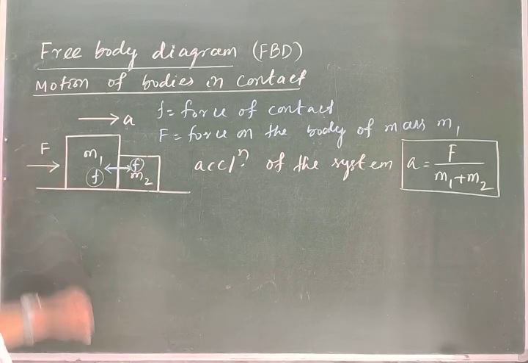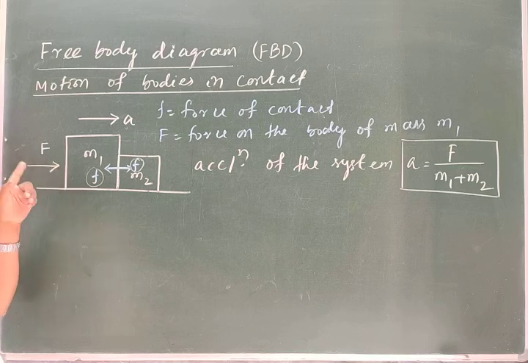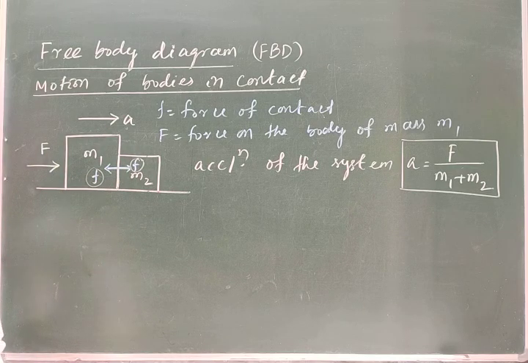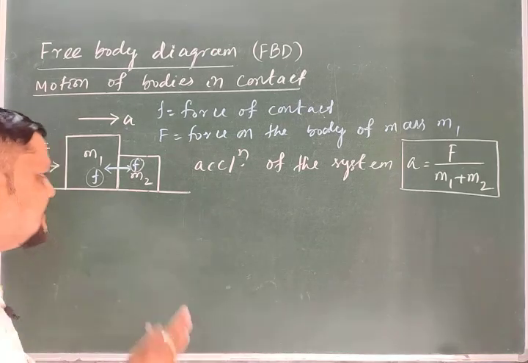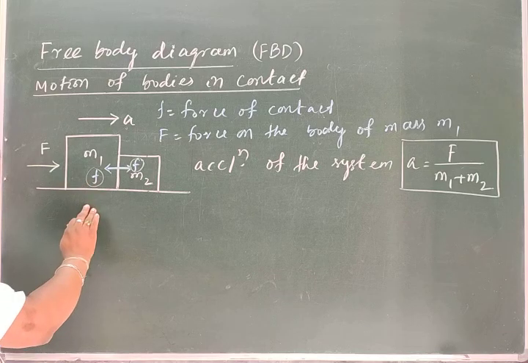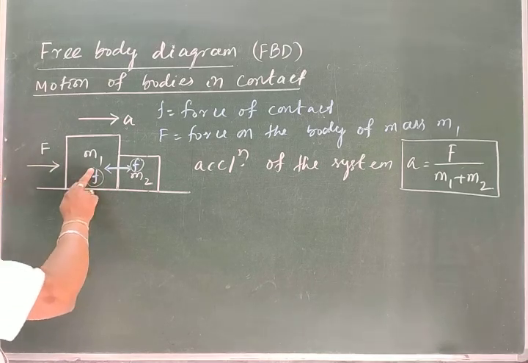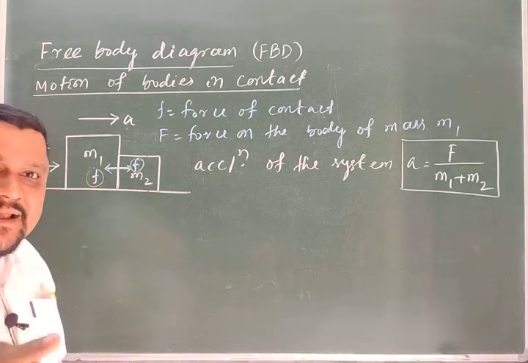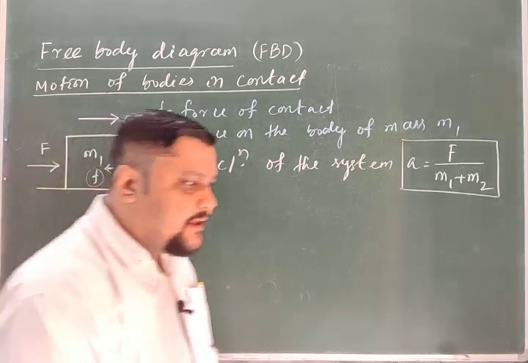To find this f, let us apply the free body diagram. In the free body diagram, the first step is to sketch the total figure, and the next step is to find what forces are acting on each body.